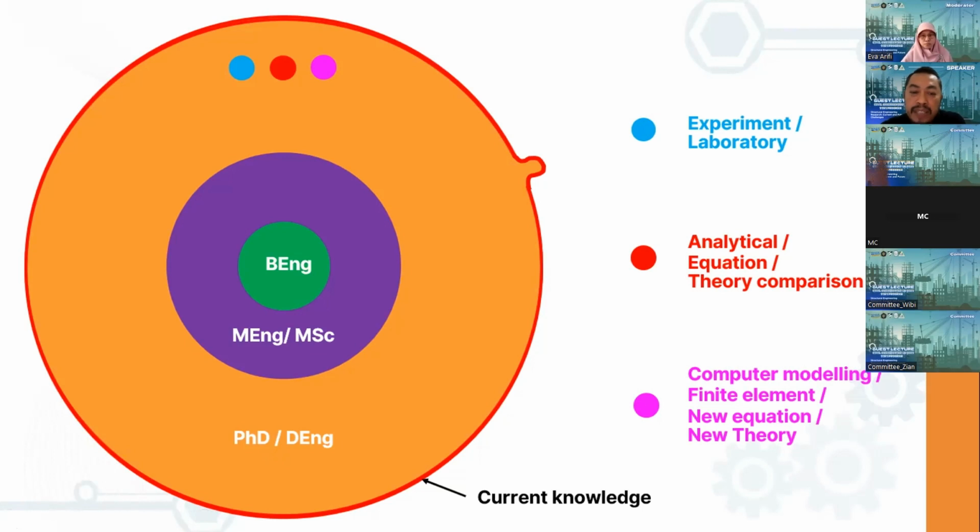But some PhD work can also rely on only 1 or 2 of these, but that needs to be a really distinguished result and outcome. For my work, when I did my PhD, I had experimental, analytical and also finite element analysis as well. So I could combine these three, and I had experience of working on these three parts linked together at some point.